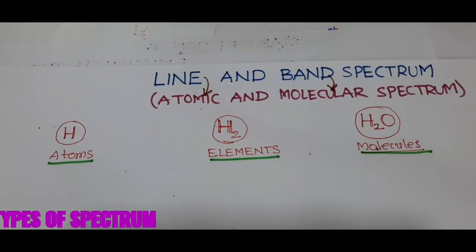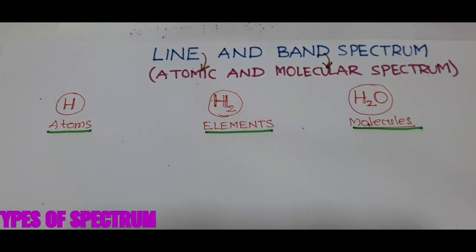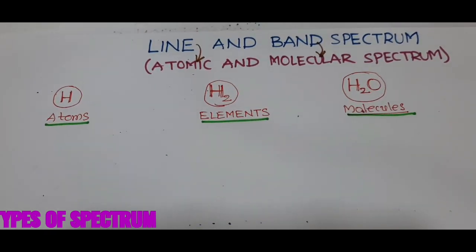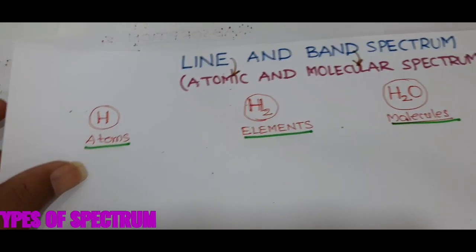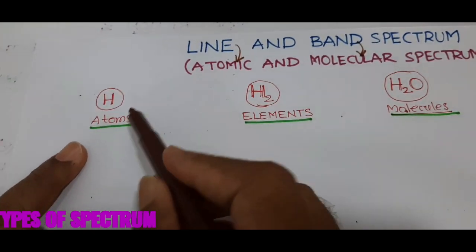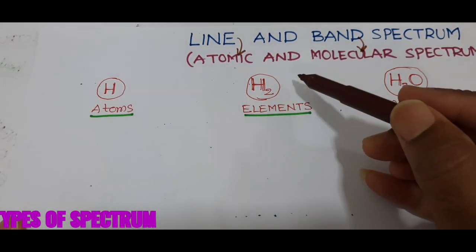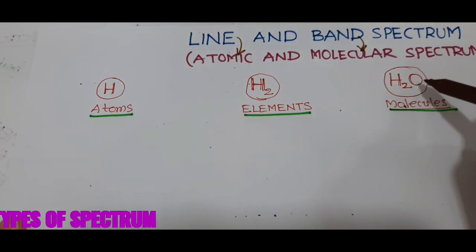That's why the line spectrum is also called atomic spectrum and the band spectrum is also called molecular spectrum. Before explaining what line and band spectra are, we take an example of hydrogen. If only H is there, these are called atoms. If H2 is there, this is a molecule.